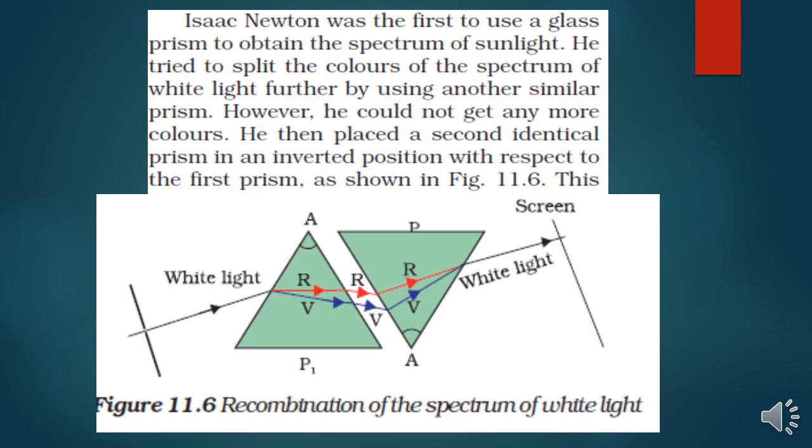So it is safe to assume that when white light is incident on one face of a prism, it undergoes refraction and gets converted into a spectrum of 7 colors. And when this band of 7 colors is made incident on another prism, the opposite thing happens: the split light recombines, and after recombination it gets converted into white light.